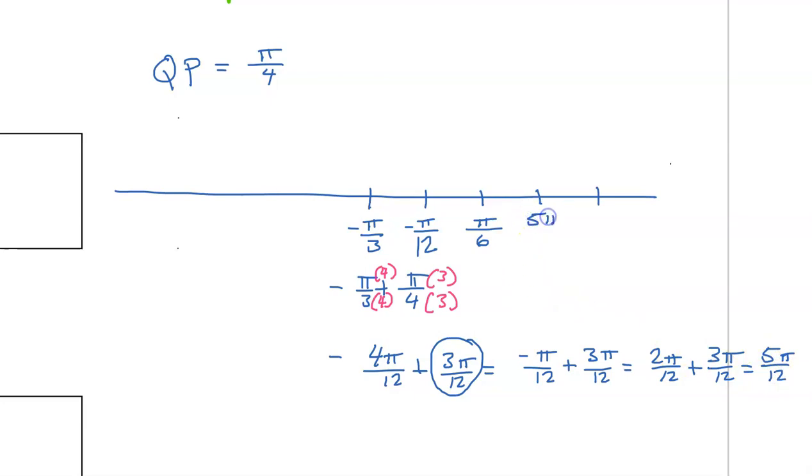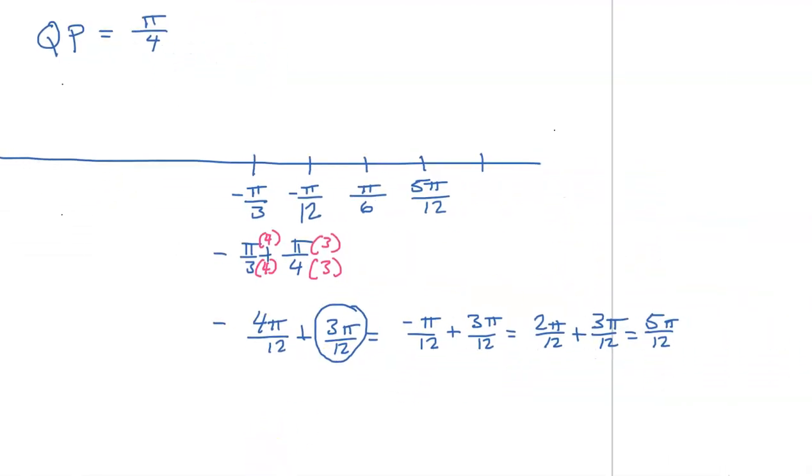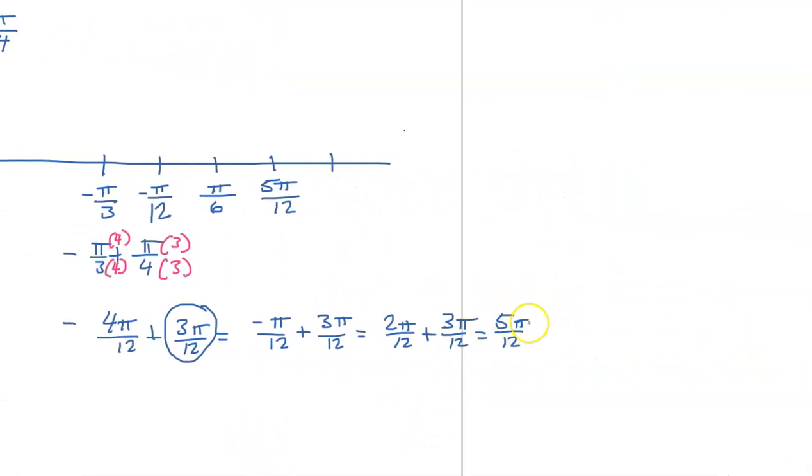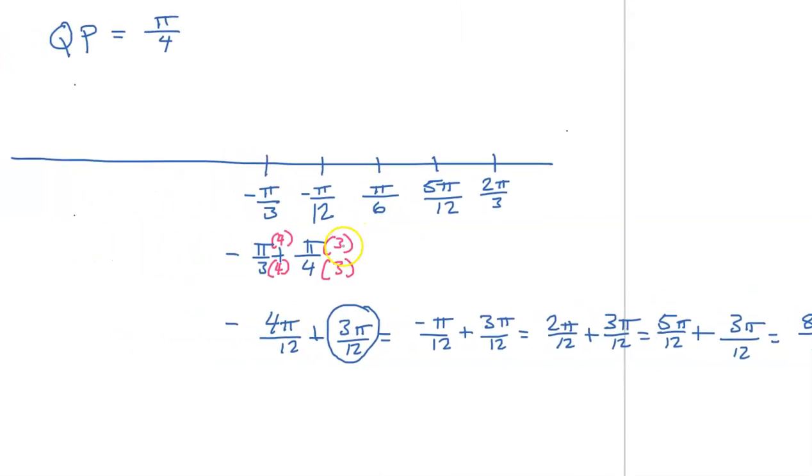Okay, I need one more value, so I'm going to add another 3 pi over 12. So that is going to give me 8 pi over 12. Let's see, both of these are divisible by 4. So this reduces down to 2 pi over 3. So I will have 2 pi over 3 for that value right there.